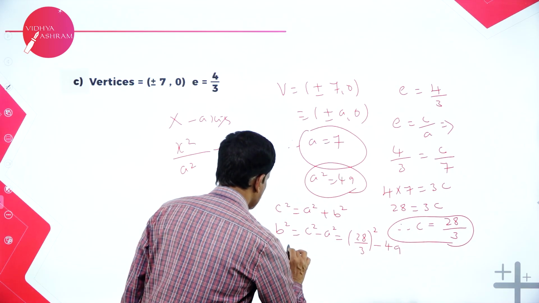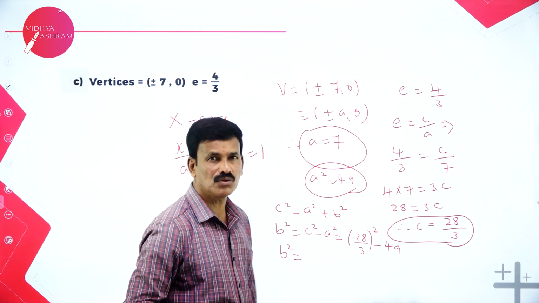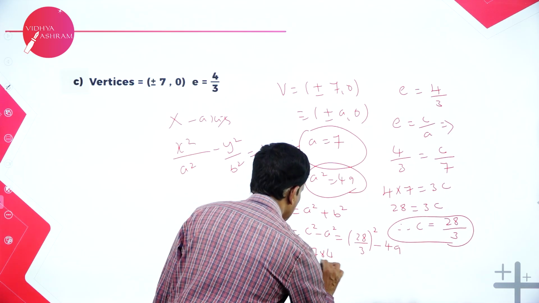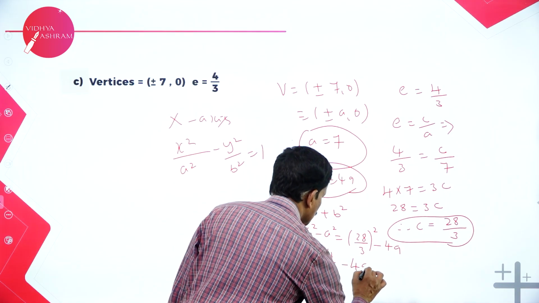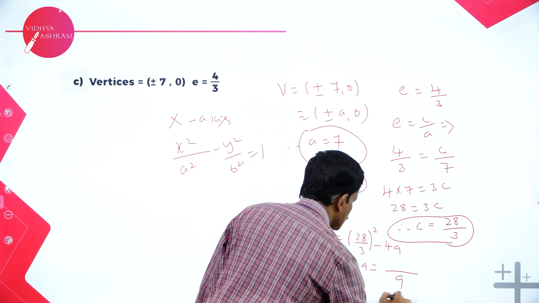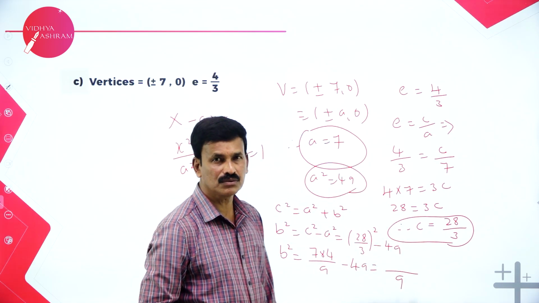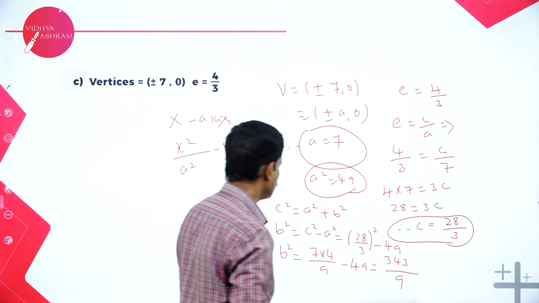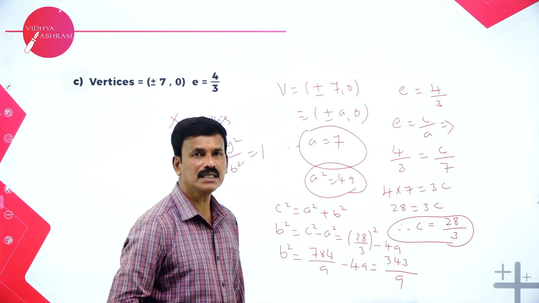Therefore, b square is equal to 784 by 9 minus 49. Take LCM, 9 is the LCM, simplify, this is equal to 343. b square is equal to 343 by 9.